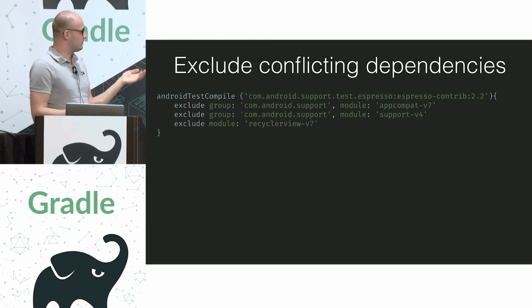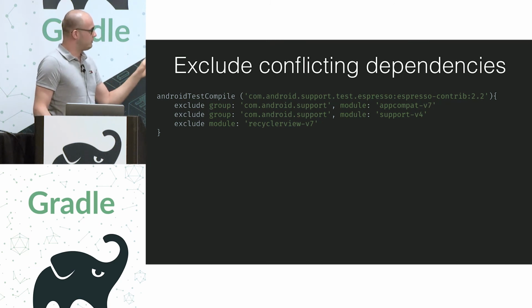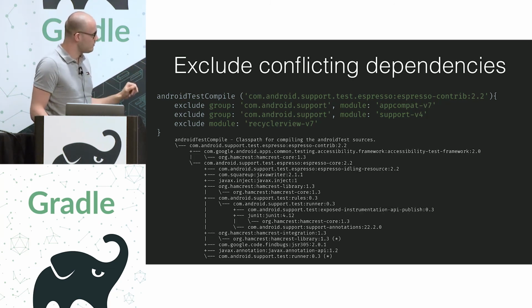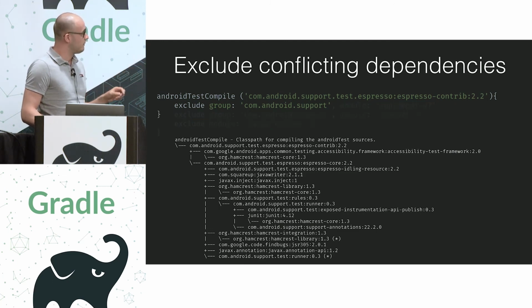I chose this snippet because it doesn't make much sense either, because we exclude appcompat v7 and support v4 and recycler view v7. But this is just a list of dependencies. And now we see that there are no support libraries resolved for this.